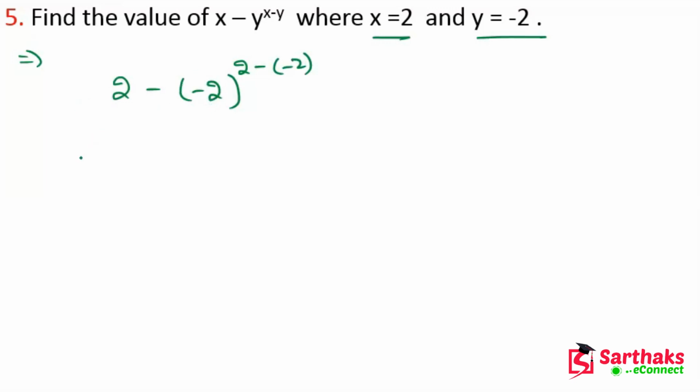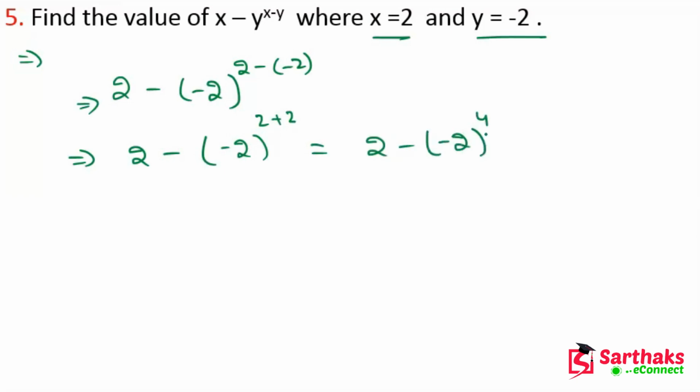Now first of all we have to solve this power. So 2 minus minus is plus, so this will become 2 plus 2. So this equals 2 minus 2 raised to power 4. Minus 2 raised to power 4 means we can write it as minus 2 into minus 2 into minus 2 into minus 2.